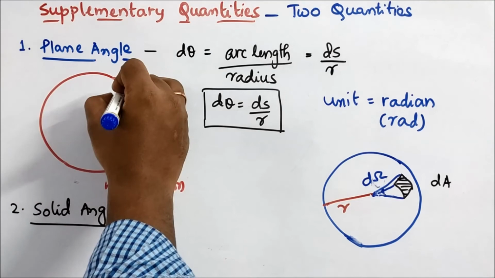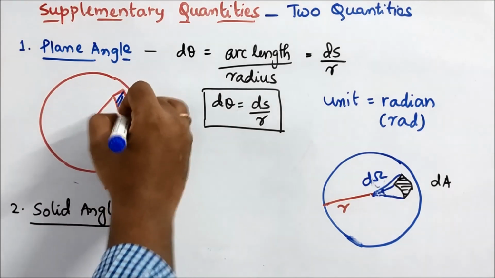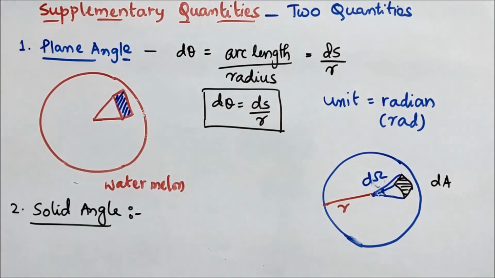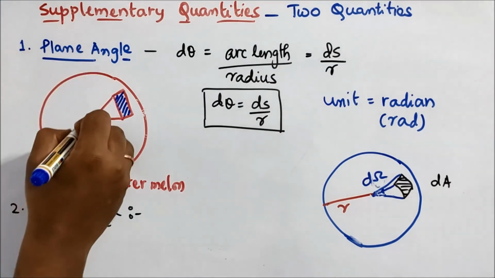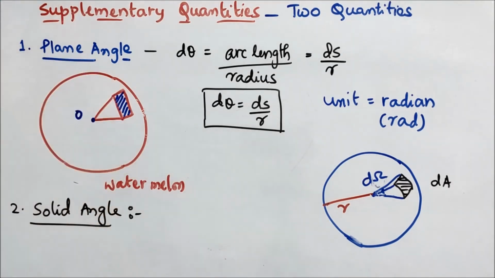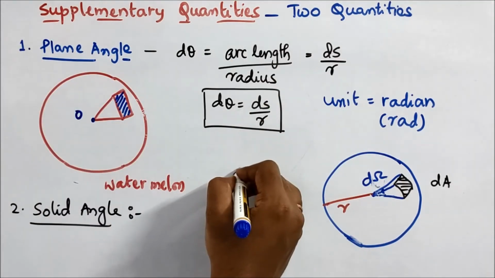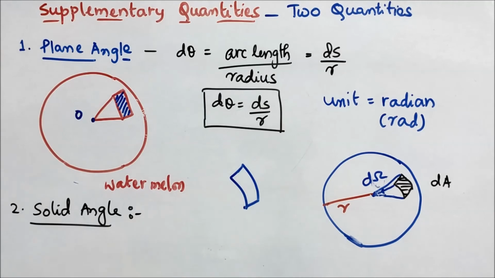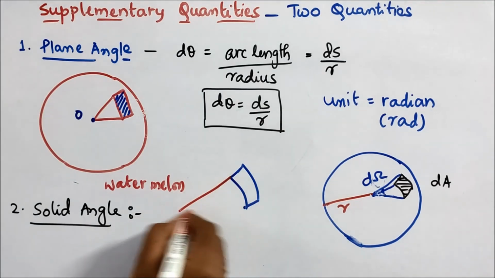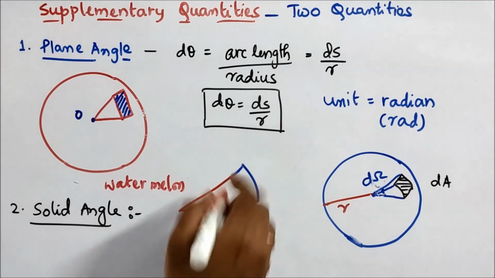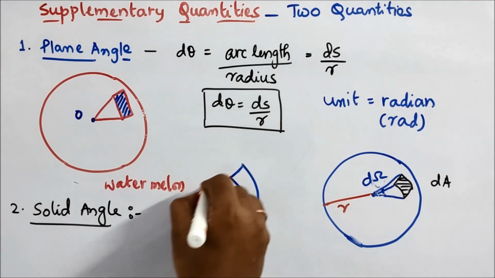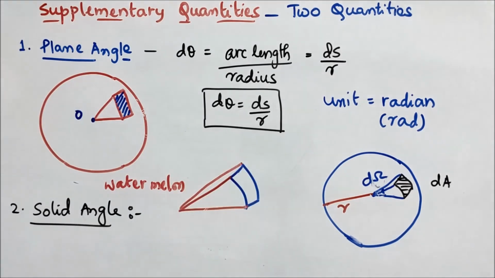The outer part will be green, right? When you take out that slice, it would look something like this.